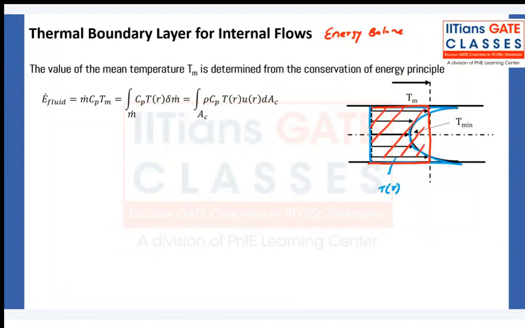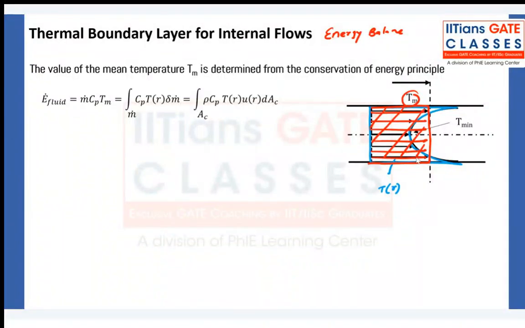Here I have taken a constant temperature T mean. So energy will remain same in blue and red area. But in red area, temperature is T mean. In blue area, temperature is changing with respect to R.